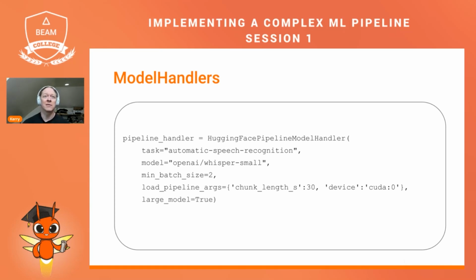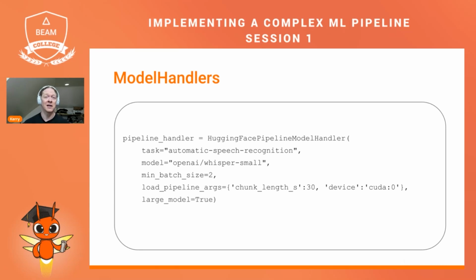Here we can see that we need to provide what task, this is a normal pipeline argument, and which model hosted on Hugging Face we're going to use. We provide a batch size, and then we can provide specific pipeline arguments that are needed to run this specific pipeline.